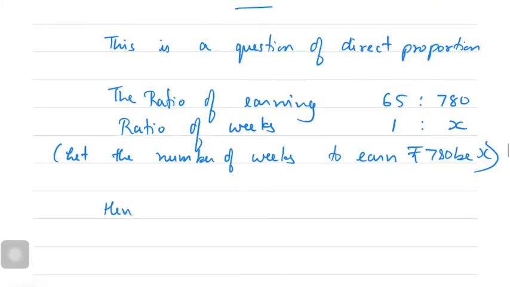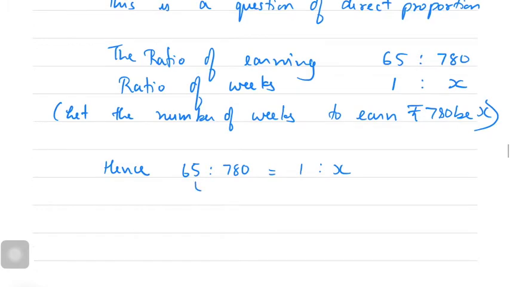Okay, so hence, because this is a question of direct proportion, 65:780 is equal to 1:X. Right? So 65 into X is equal to 780 into 1. So 65X is equal to 780.